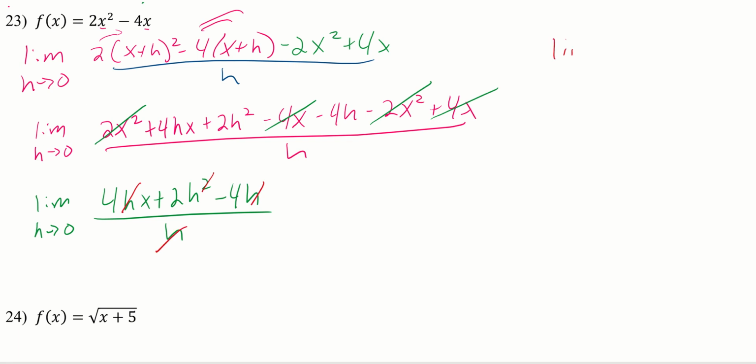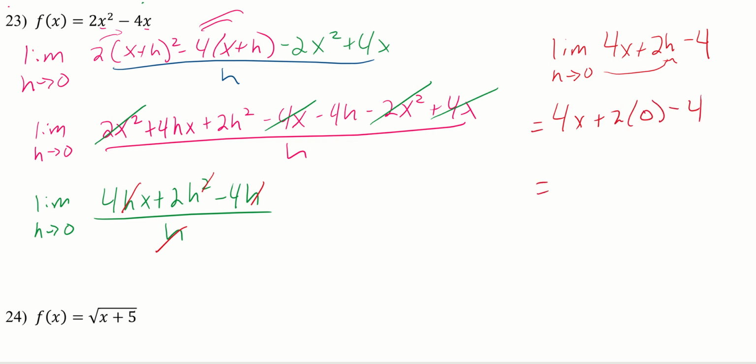And so now the limit as h approaches 0 of 4x plus 2h minus 4, and then plug it in. Okay, so then we have 4x plus 2 times 0 minus 4. So my final thing after I've done all the substituting is 4x minus 4. Cool.